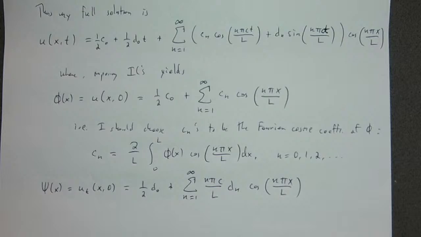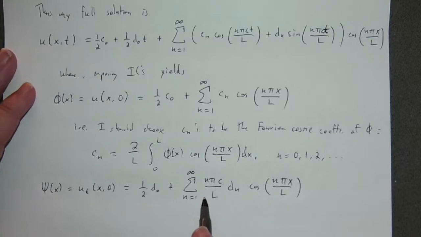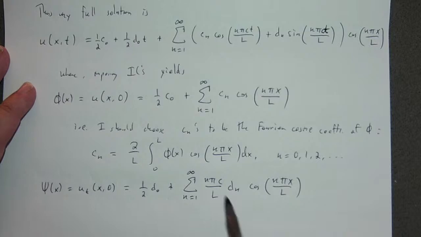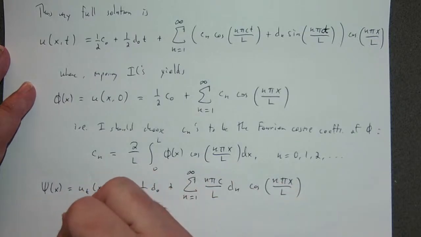And so the idea here is that, again, because of this, the n equals 0 case is kind of annoying, but this is going to be the Fourier cosine coefficients with this thing scaled in some way. So practice.